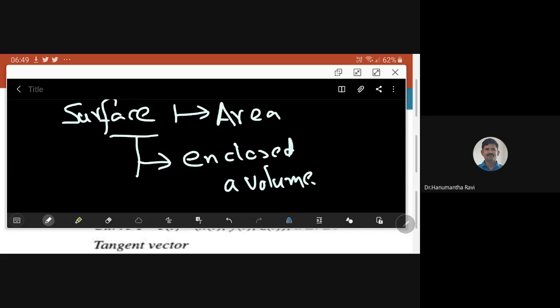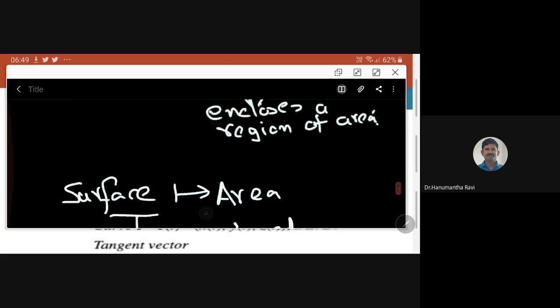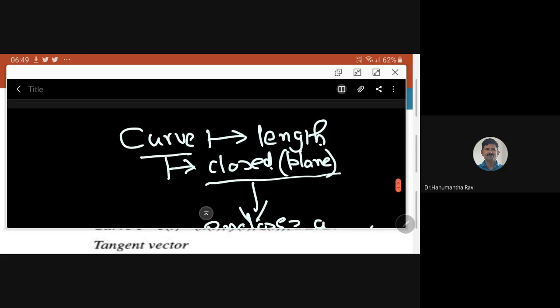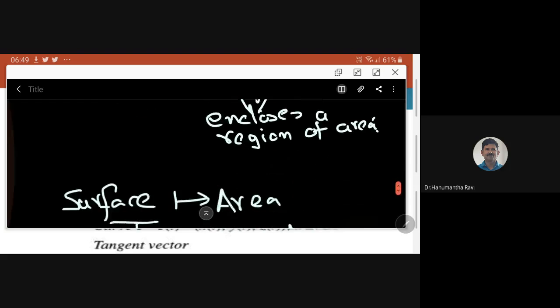Now any curve can be represented by equations involving x, y, z. You require two equations involving x, y, z to represent a curve in three-dimensional Euclidean space, and one equation to represent a surface.